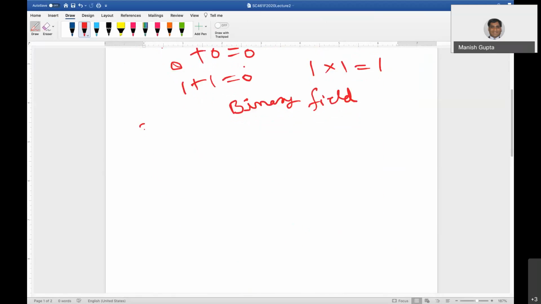Now, if I move a little bit further, I want to construct a field with three elements. So I am looking at the construction Z3, integers modulo 3, elements 0, 1, 2, operations are plus 3 and multiplication of 3.